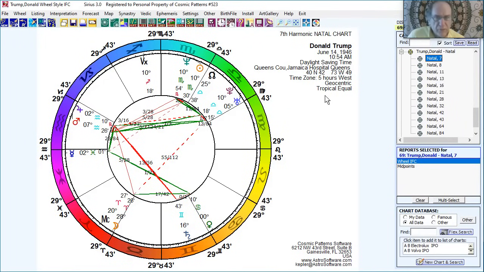Let's go back to the 7 vibration, and now we will interpret it. What does it mean to have a weak Mars, Jupiter, Uranus, Pluto in 7 vibration? 4 planets, weakly connected. Weakly connected because, well, the Mars-Uranus is actually pretty strong.